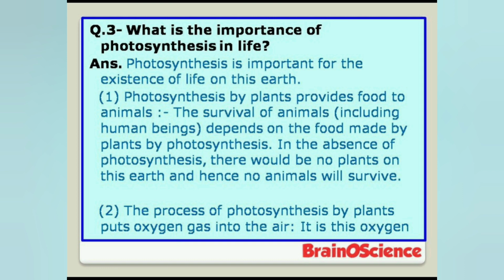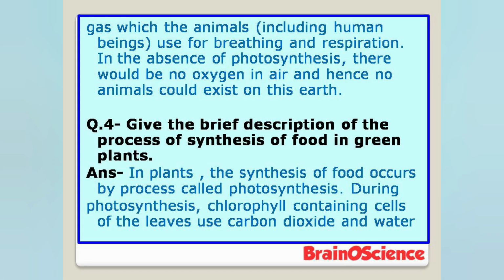In the absence of photosynthesis, there would be no plants on this earth and hence no animal would survive. Point number 2 is, the process of photosynthesis by plants puts oxygen gas into the air. It is this oxygen gas which the animals including human beings use for breathing and respiration. In the absence of photosynthesis, there would be no oxygen in air and hence no animal could exist on this earth.